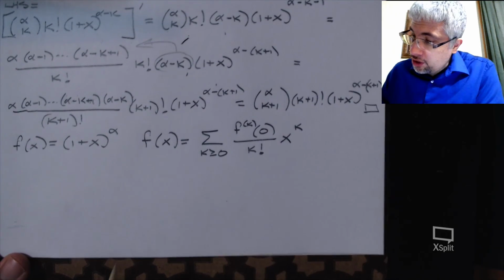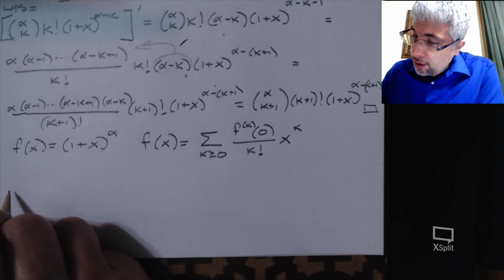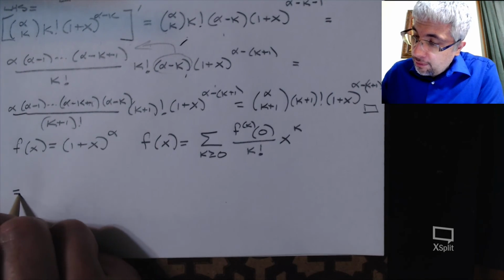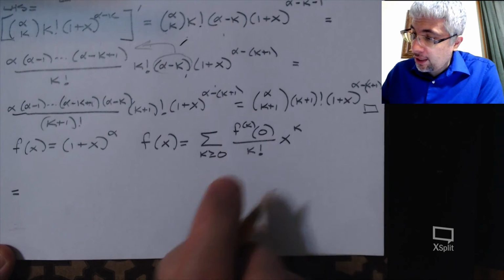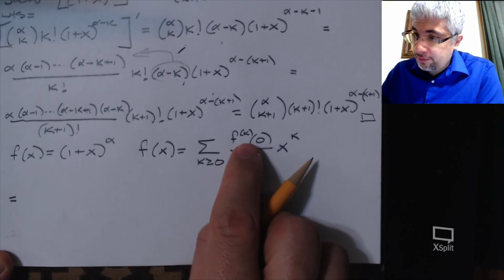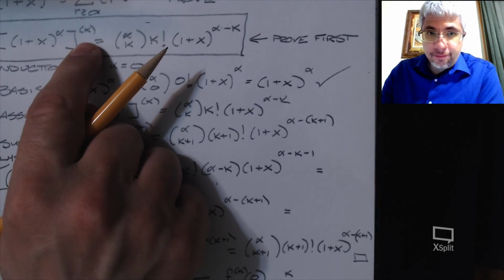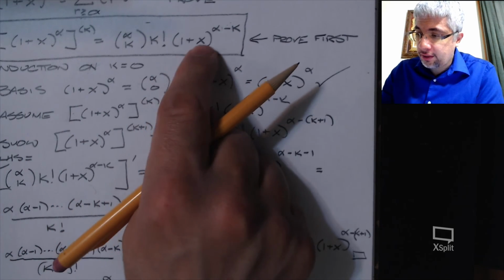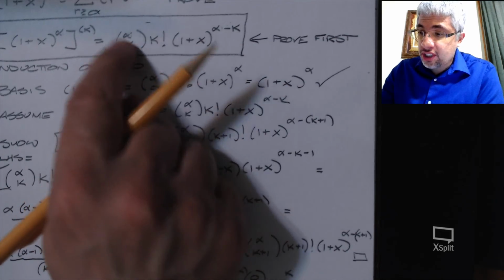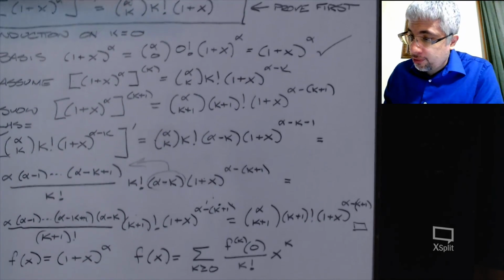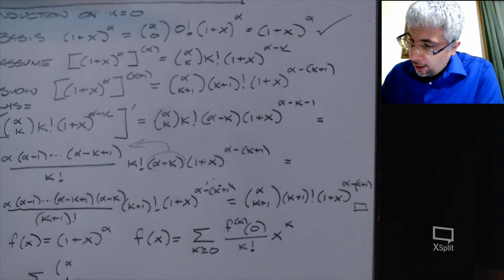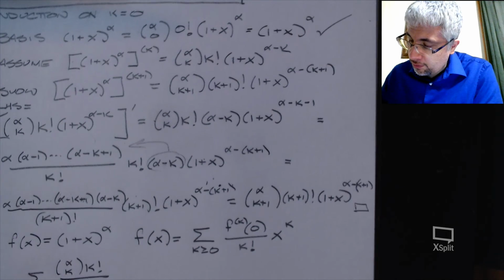Okay, so what do we get? We get that this is equal to... Okay, now I know what the kth derivative is because we computed that. It's this thing. And what happens if I plug in 0 here for x? Well, I'm just going to get 1. I'm just going to get this thing here. So I'm going to get alpha choose k, times k factorial.